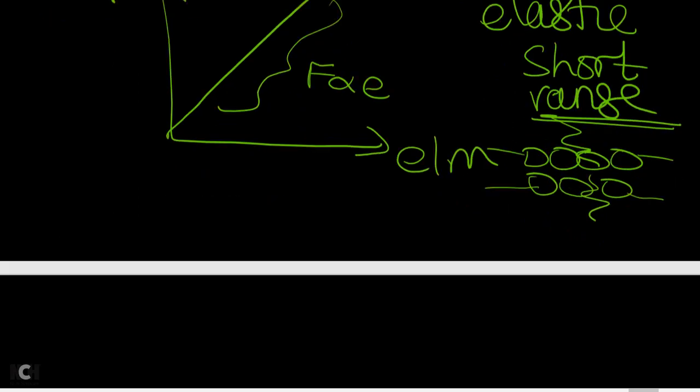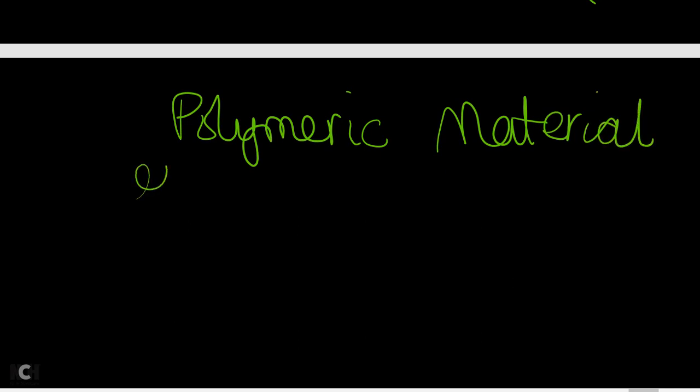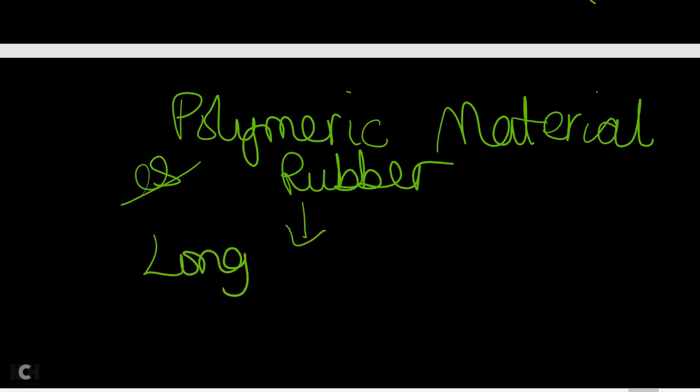Okay. Now the last one I want to look at is called a polymeric material. So like the most popular polymeric material is rubber, for example, right? And what you would find is that you have what we call a long range order, right?